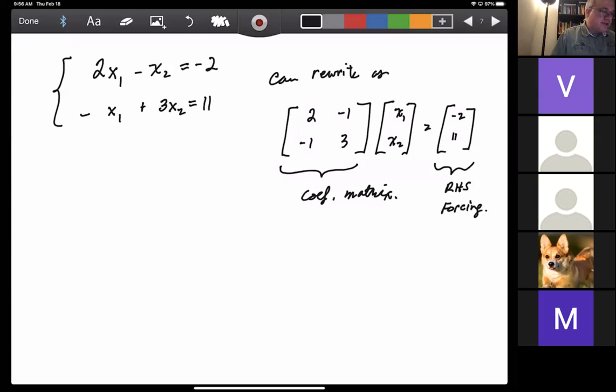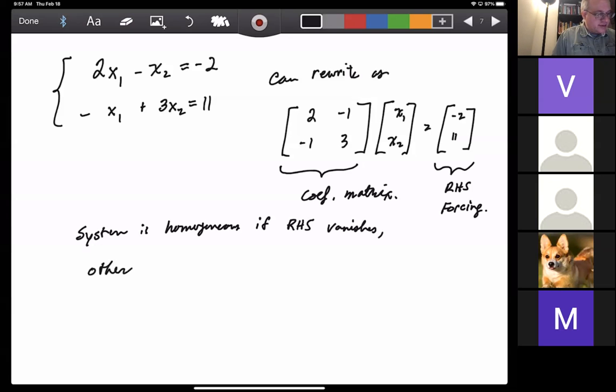And we say the system is homogeneous if the right-hand side is 0, in this case, I mean the 0 vector. Otherwise, it's a non-homogeneous system.